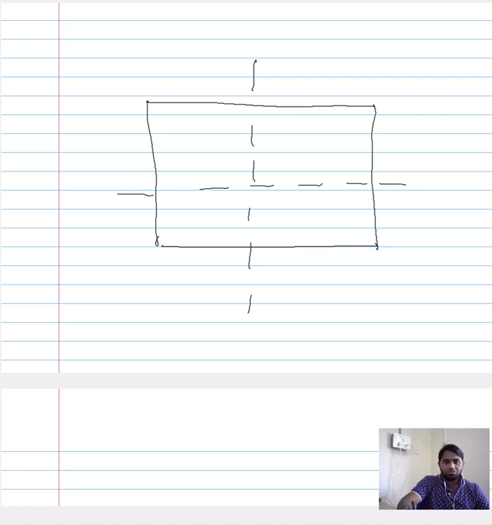Now let me use red to define the axes because it is important. This is the y axis, and this is the x axis. This is the negative y axis, let us assume, and this is the positive y axis. Let me be as legible as possible.